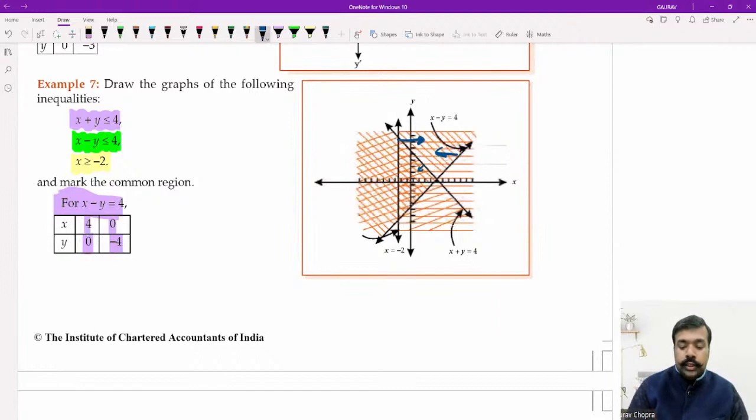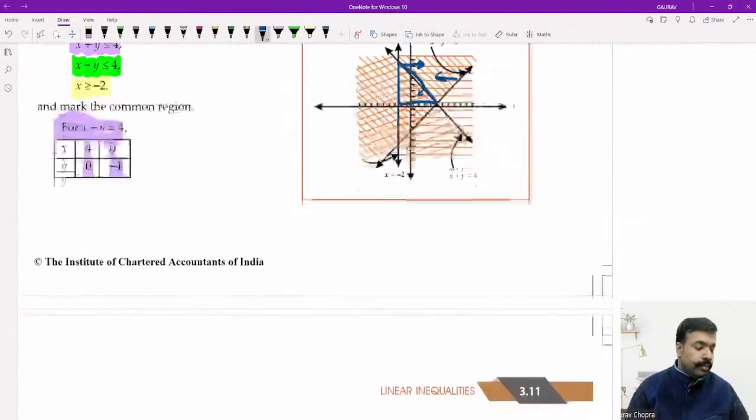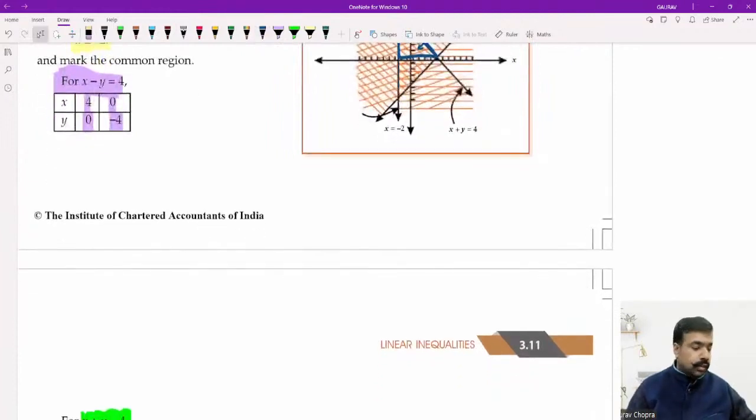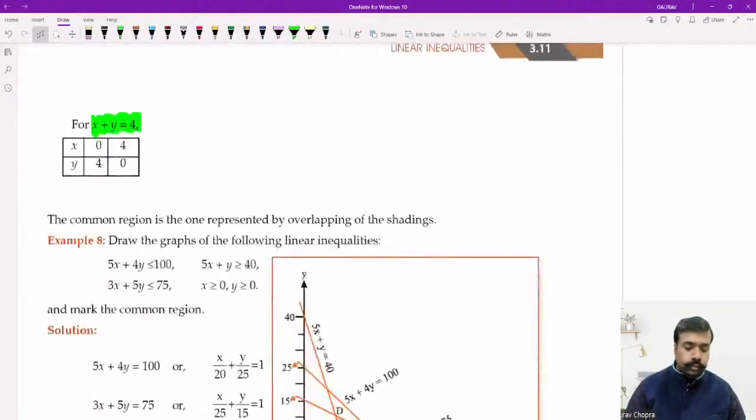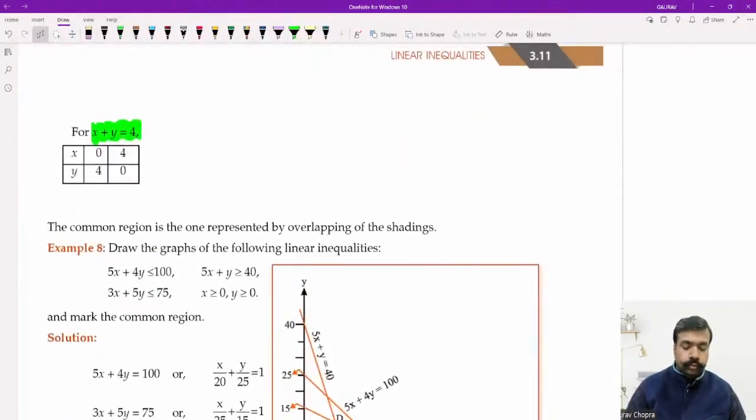So overall, this is the required area which we can see here. All right. So in exam, when we talk about the questions, normally we get 1 or 2 questions, not more than that, but maximum it can be 1 or 2 questions.